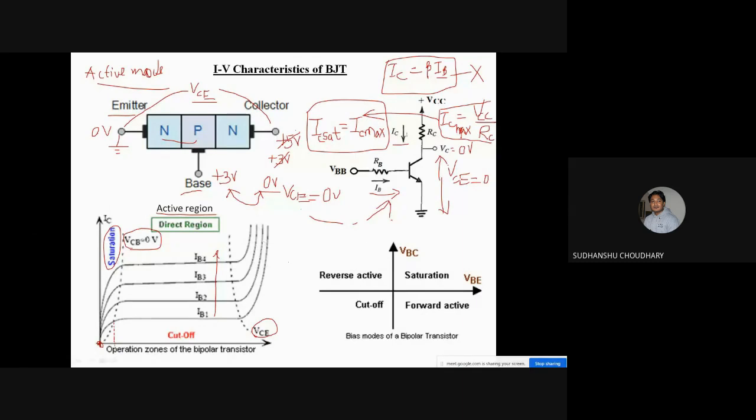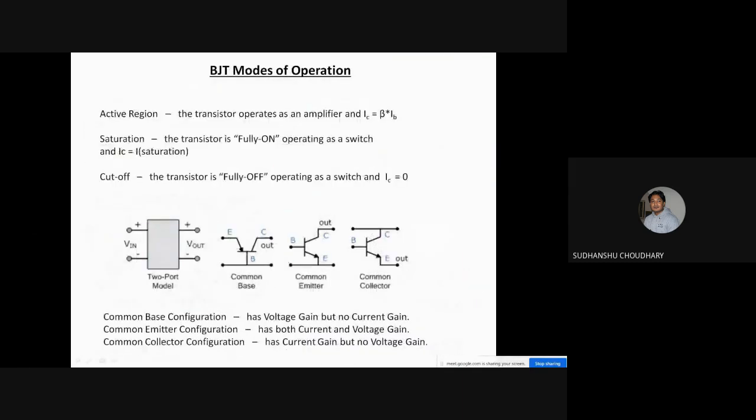We had commented earlier that in the saturation region, the transistor is fully on, operating as a switch, where the collector current is equal to the saturation current, or the maximum collector current.